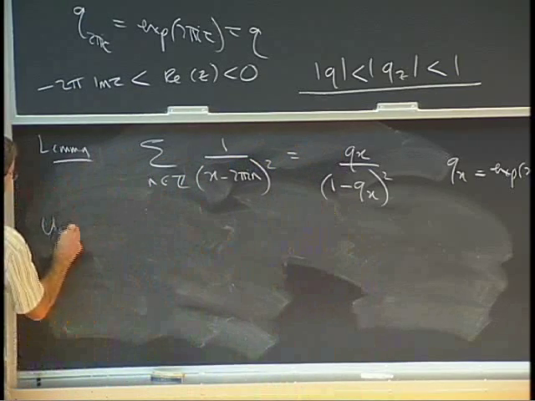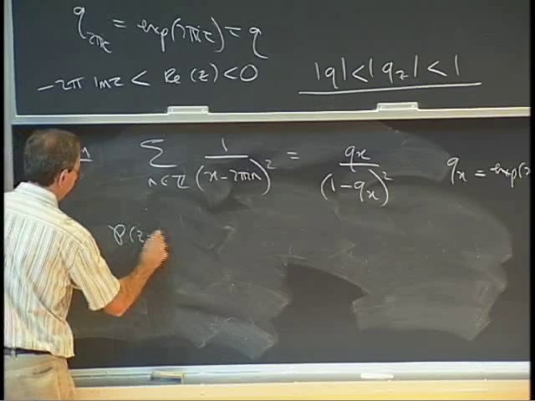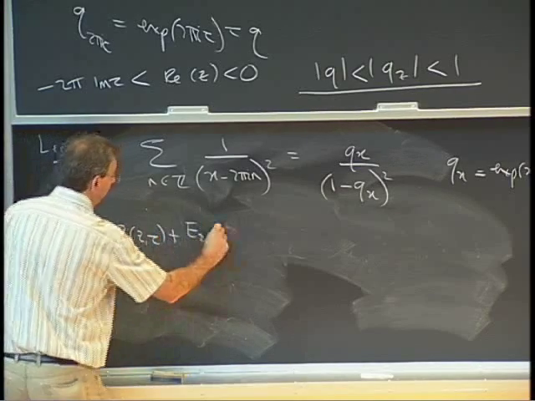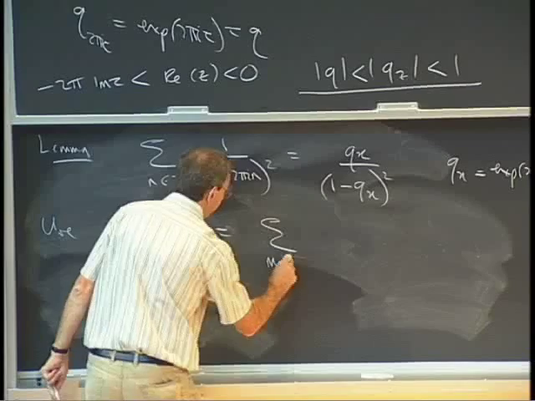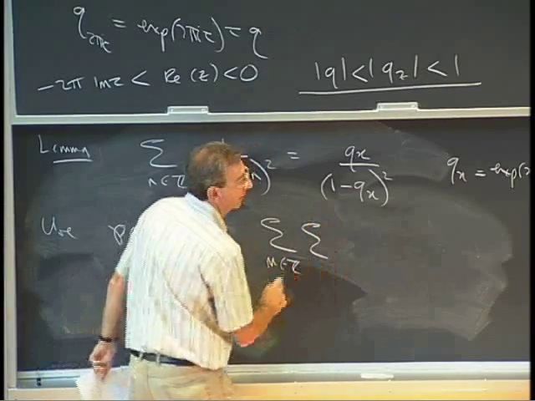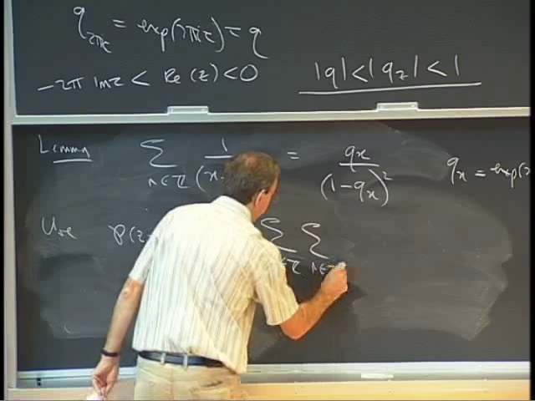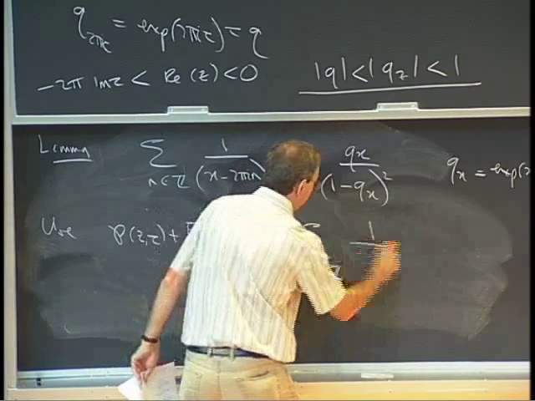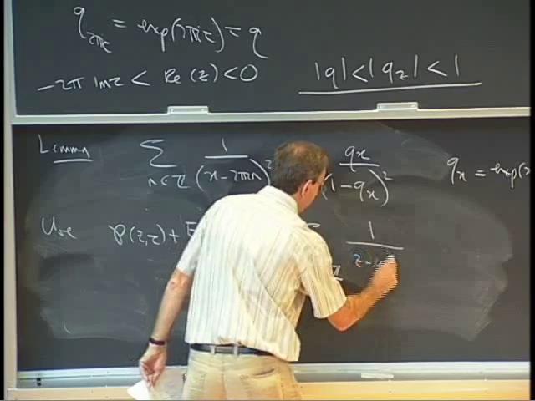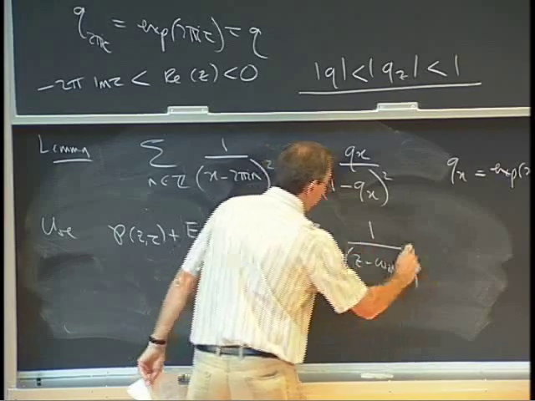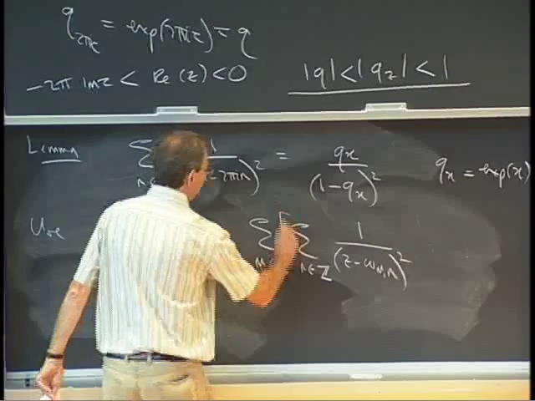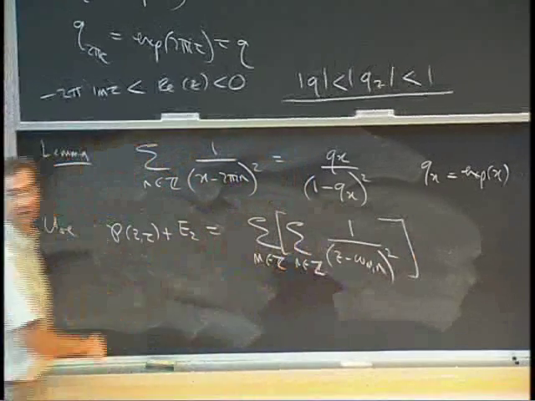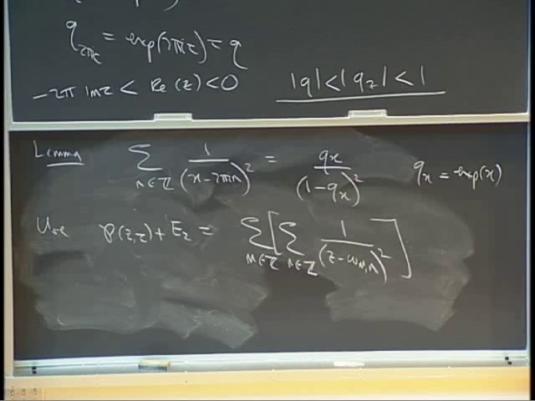So curly P of tau plus E2 is the same as the following single nested sum. And I'm no longer excluding m and n equal to 0.